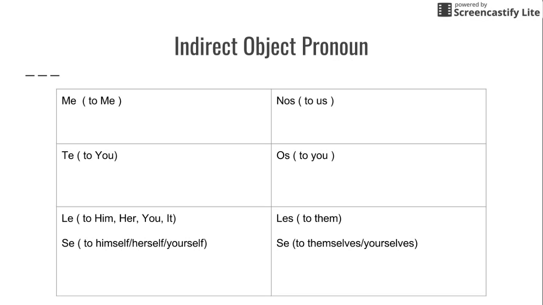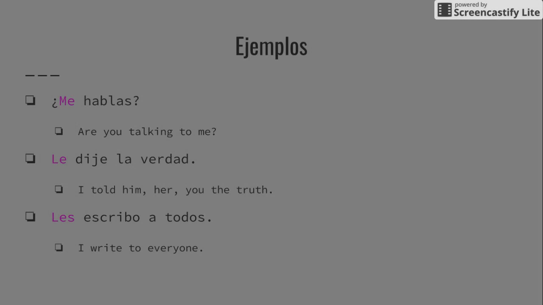So our indirect object pronouns are me, te, le, se, nos, os, les, and se. So as you can see, it's to me, to you, to us, to him, her, you, it, to them, to himself, herself, or yourself.